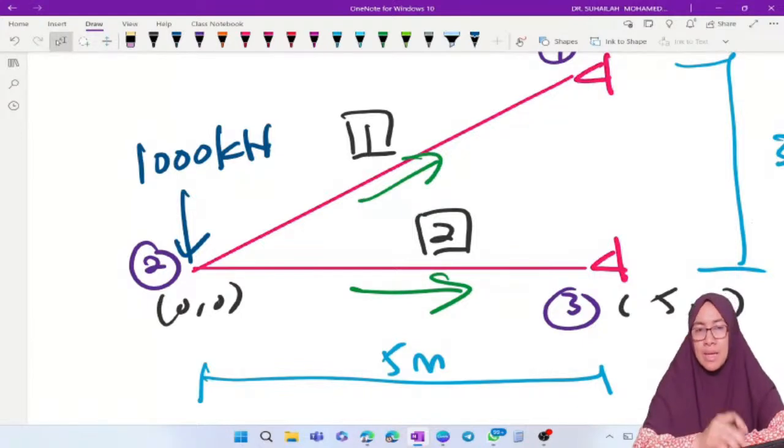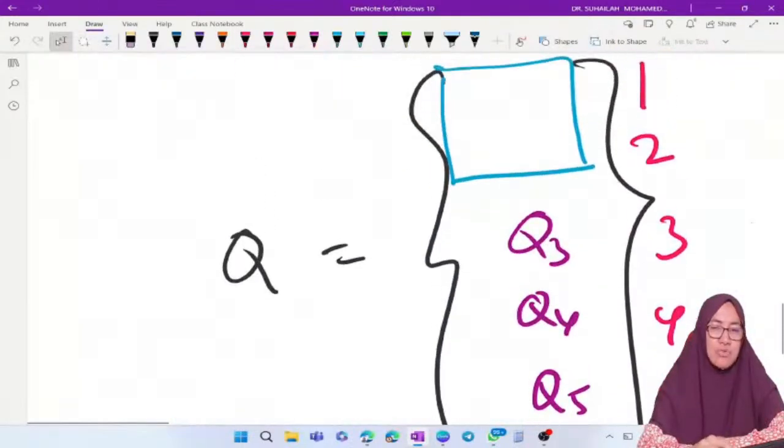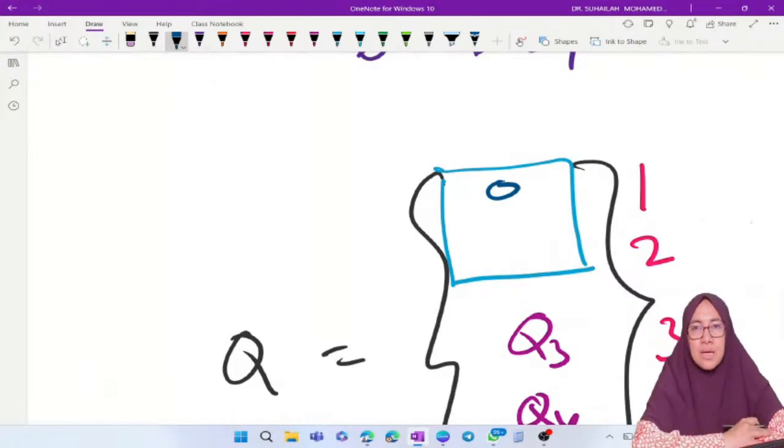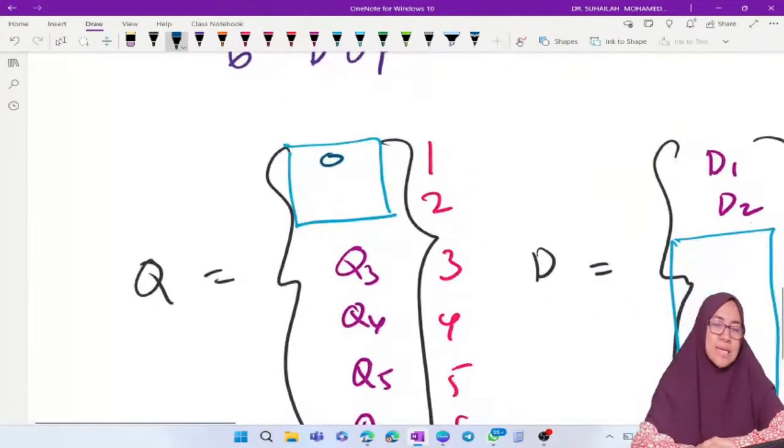So Q1 is equal to 0, and we put 0 right here. And then what is Q2?